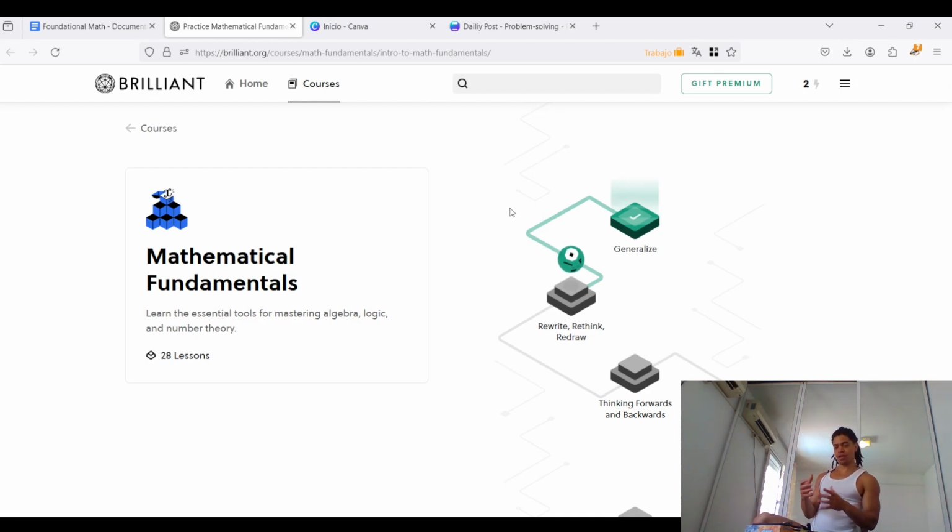How can we, for example, given a particular problem like the sum of the first n odd numbers, or the sum of the first n even numbers, create generalizations to solve it?